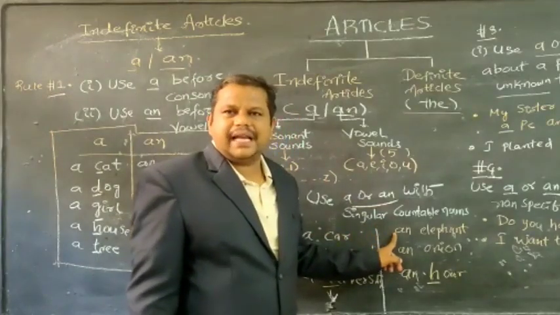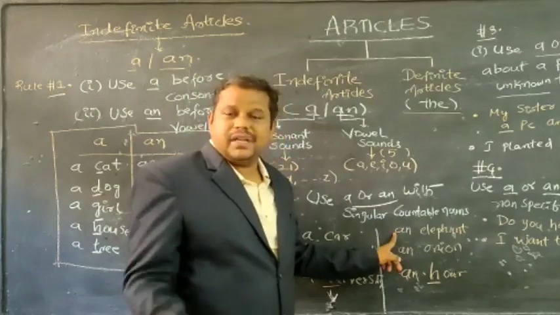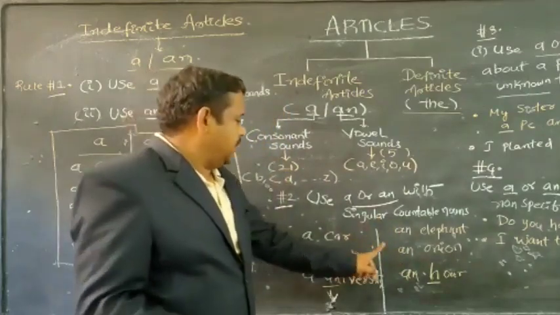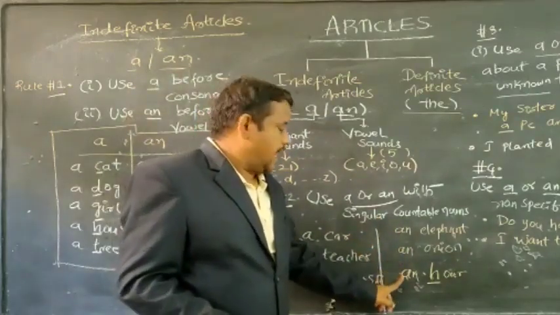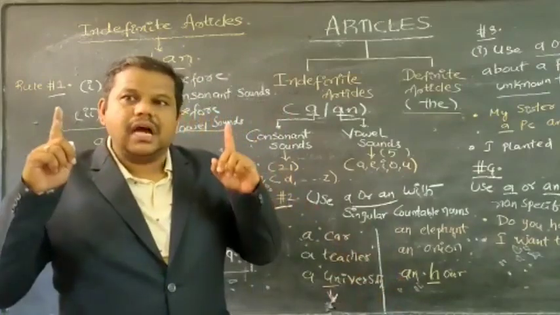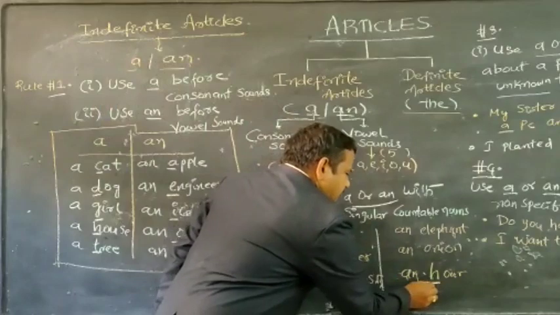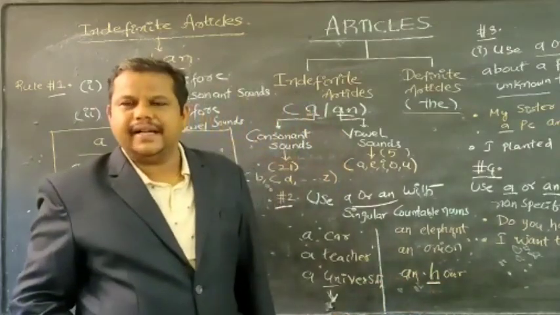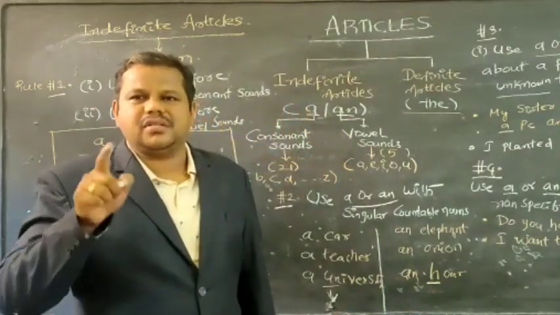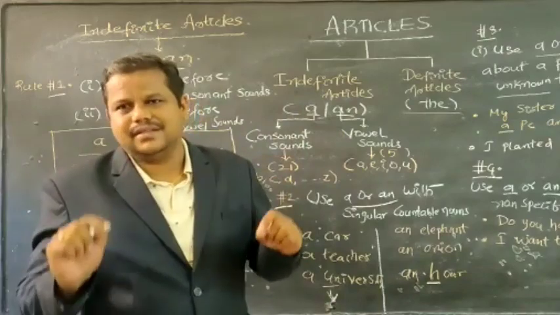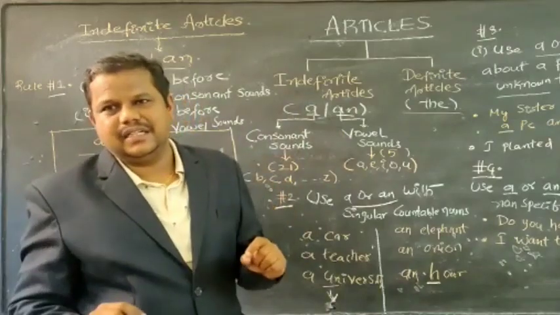Come to the next part. An elephant, we are getting an E sound. An onion. And don't use a with hour; we should use an. Because H, though it is a consonant, the pronunciation should be an R-like vowel sound, so an hour is the correct word.